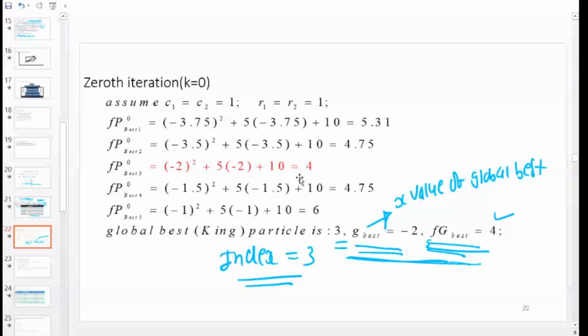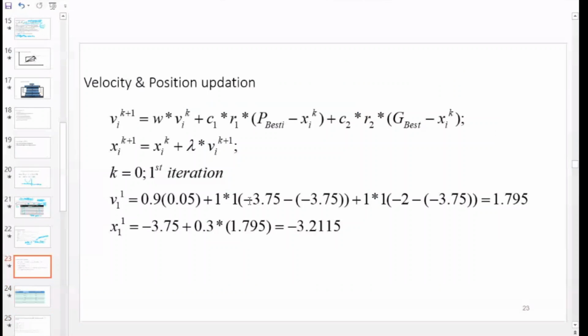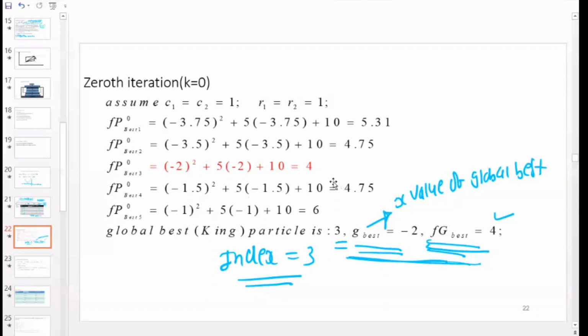The value of function value was 4, and in this case the value of function value is 4.01. So which one is better? This one is better or the previous one was better? The previous one was better, right? Previous one was better. So corresponding to previous one, g based x value was minus 2.